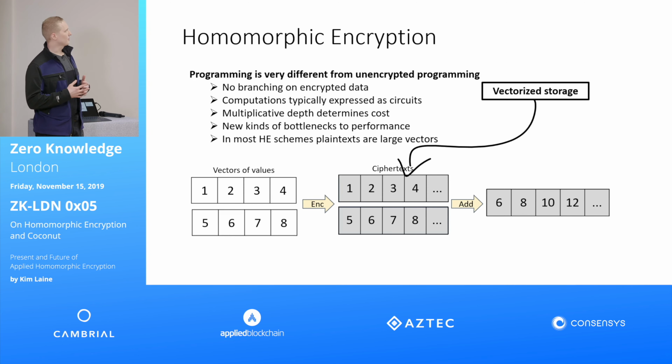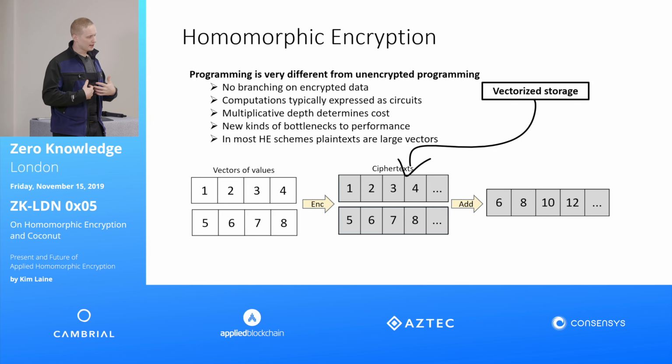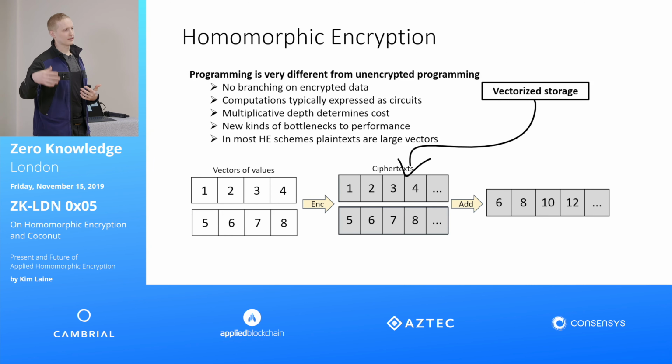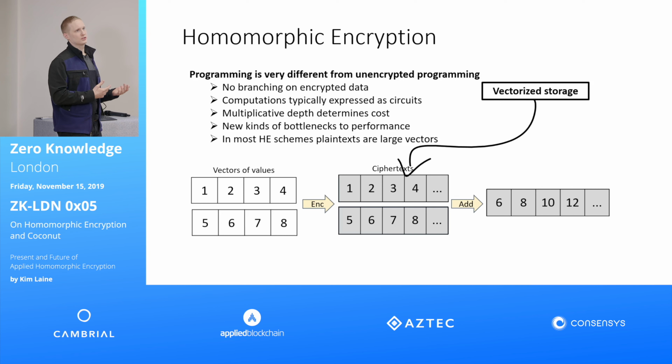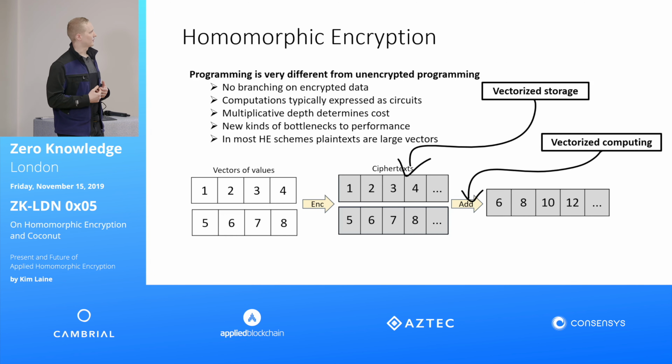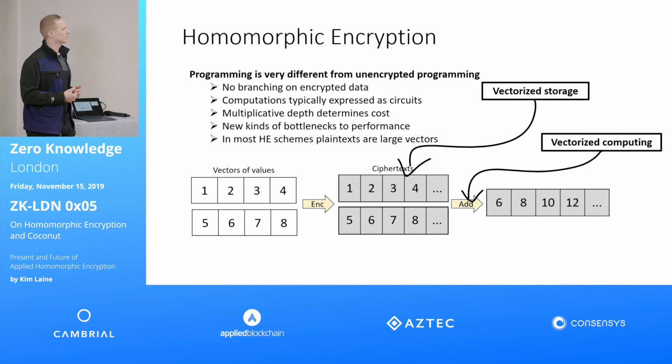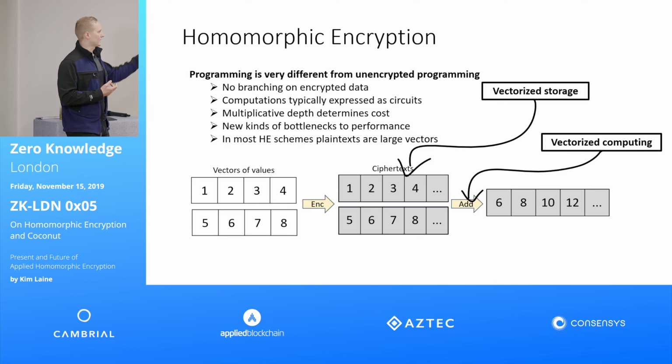If you think about it a little more, this means that if you want to encrypt data and store it in a cloud service for later use, you have this weird vectorized storage going on, and you also have vectorized computation going on. This is difficult to deal with, because it's not necessarily free to extract the individual slots from these vectors.